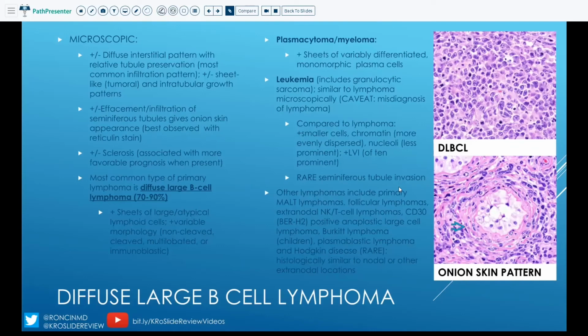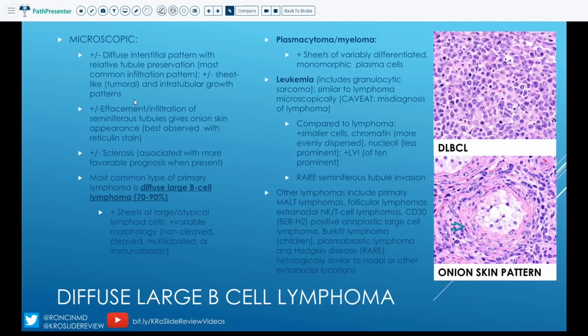Microscopically, lymphomas present as this diffuse interstitial pattern with relative tubule preservation. It may not be so appreciable in our case. It was difficult to find tubules, but they were there. And we did appreciate the sheet-like or tumoral type growth.